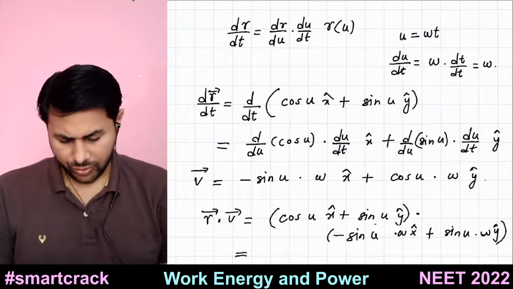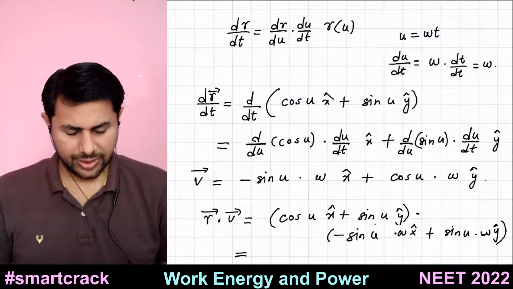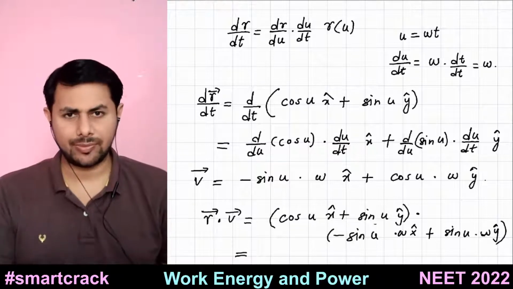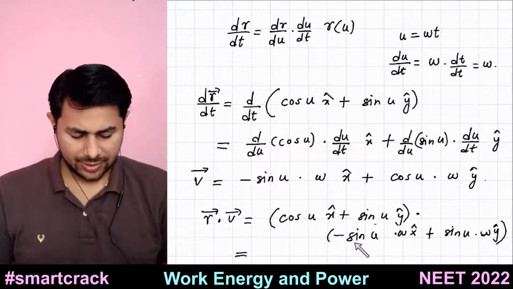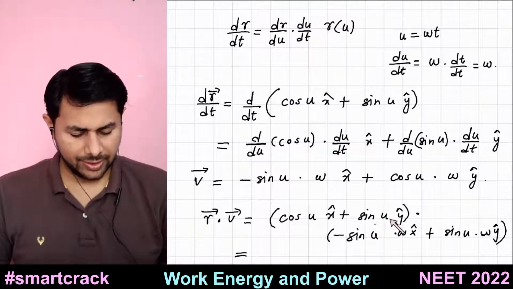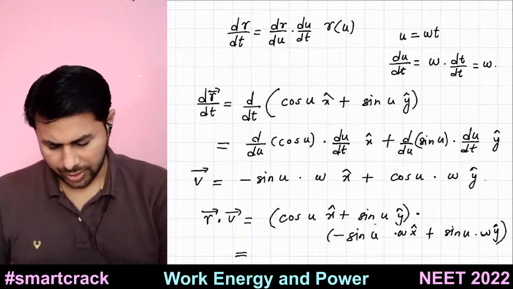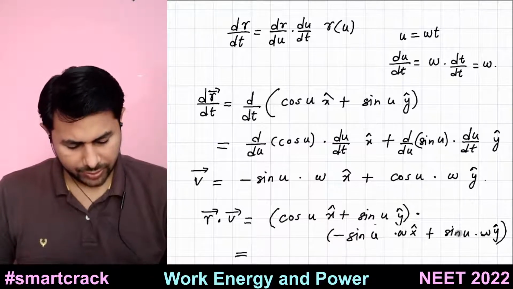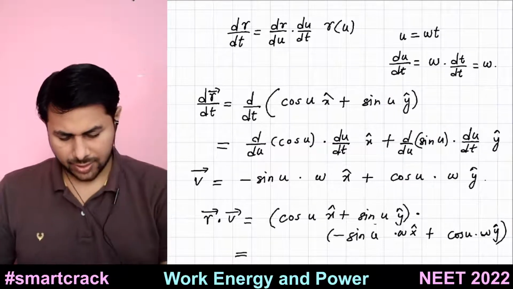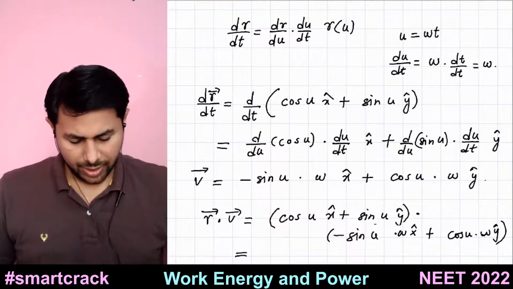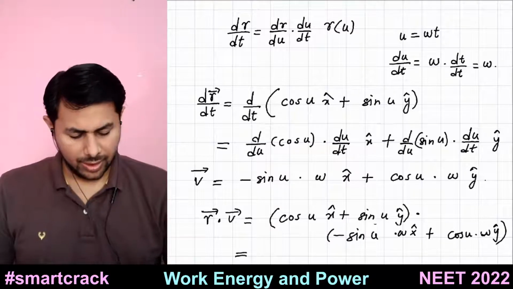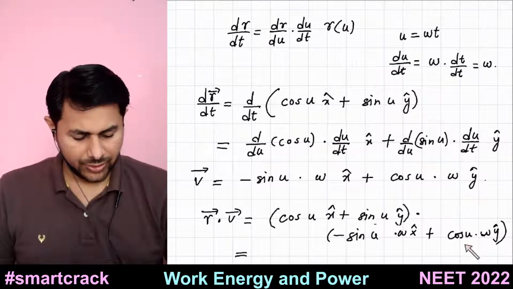Okay, so now you multiply x component with x component. So what do you get? Cos u multiplied by minus sine u multiplied by omega. So minus sine u cos u into omega, and y component with y component. So you get sine u into cos u into omega.